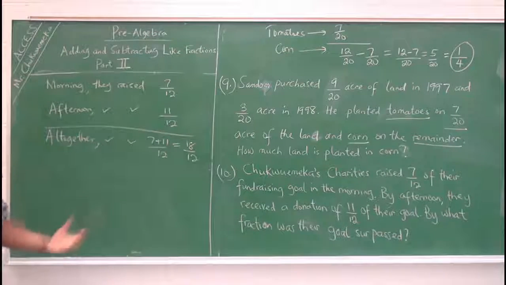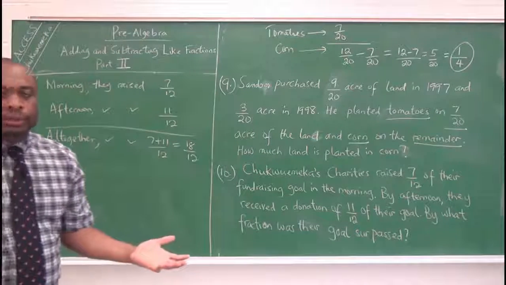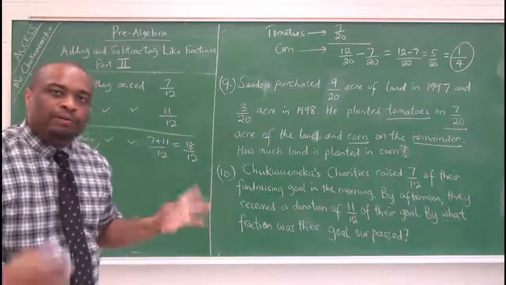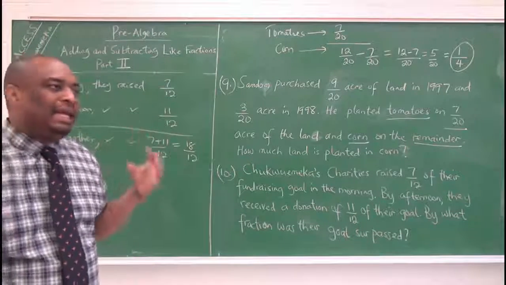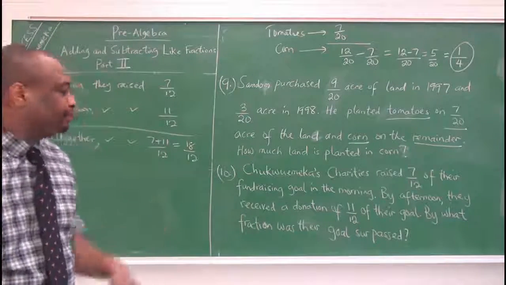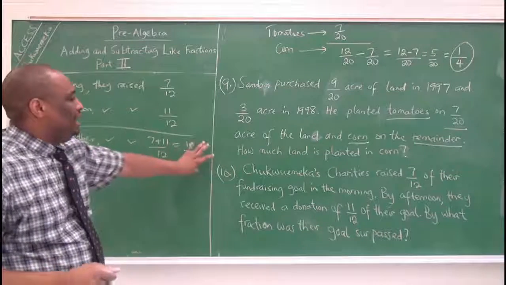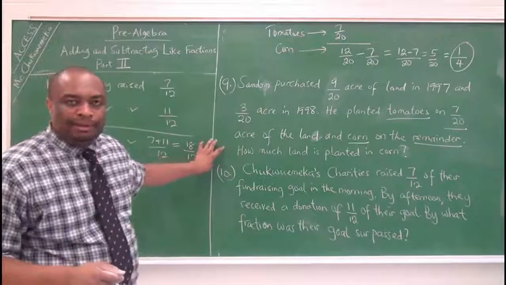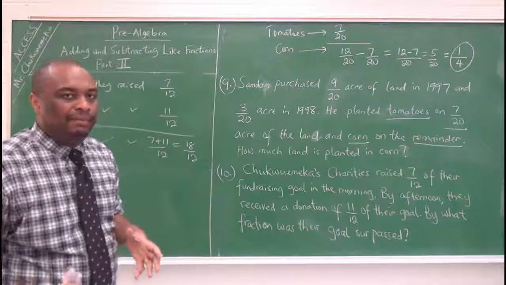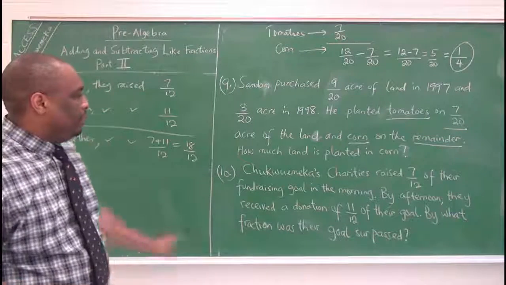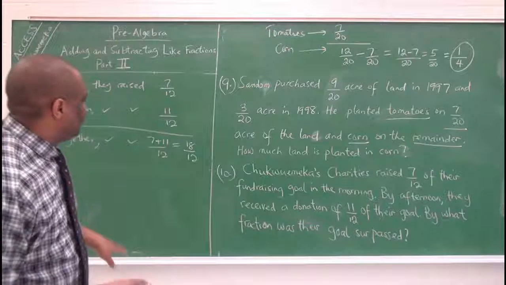So they surpassed their goal. If they met 12 out of 12 of their goal, that means 100%. But in this case, they surpassed their goal. Let us not bother simplifying now until we get to the final answer. So, by what fraction was their goal surpassed?